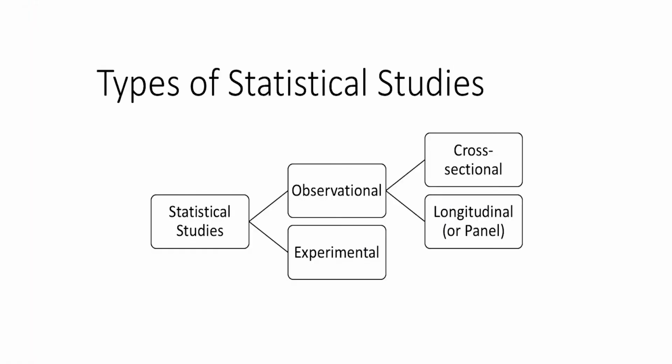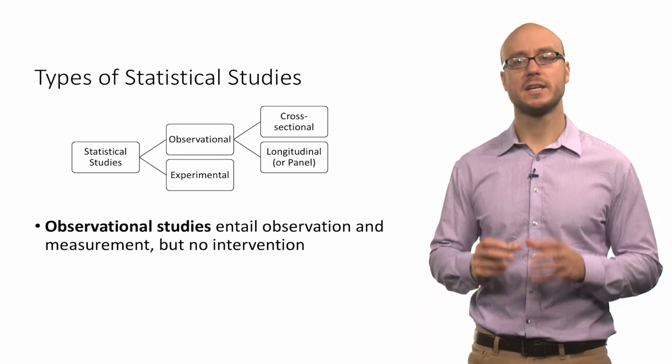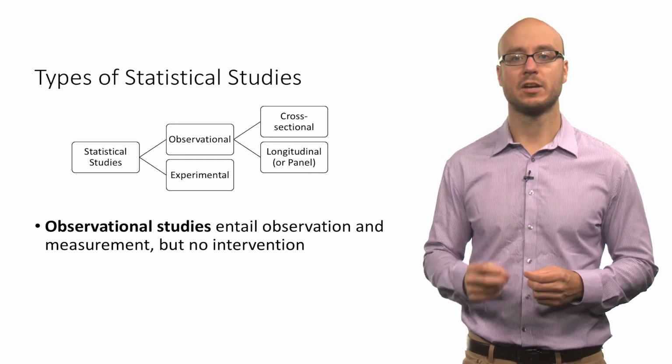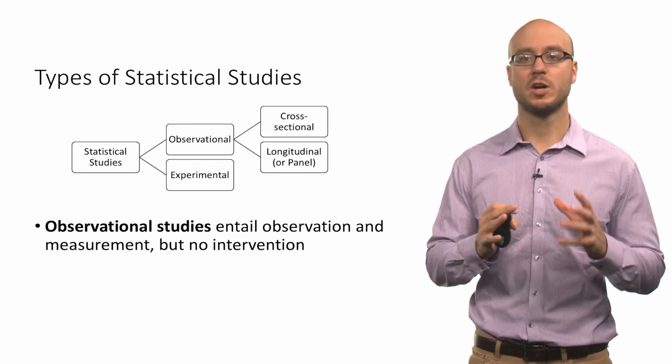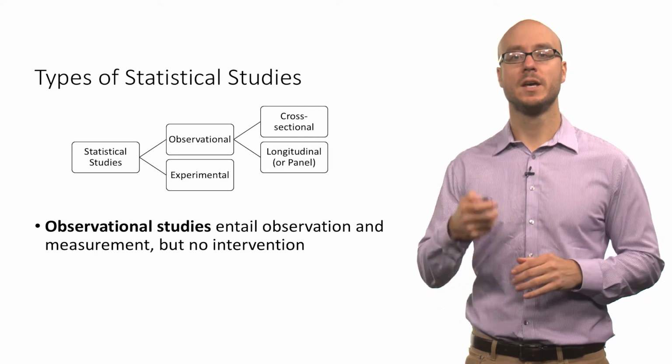The major types of statistical studies are observational and experimental. And then among observational studies, we like to distinguish between cross-sectional studies and longitudinal or panel studies. Observational studies entail some kind of observation and measurement, but there's no direct intervention. There's no attempt to alter what's going on in terms of social dynamics or in terms of the world around us.